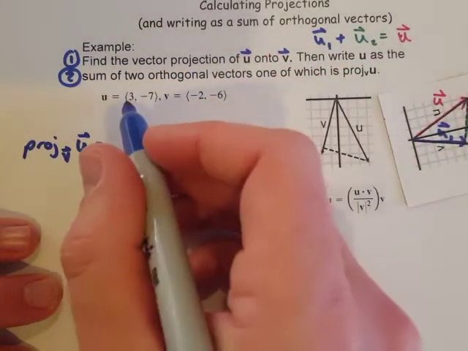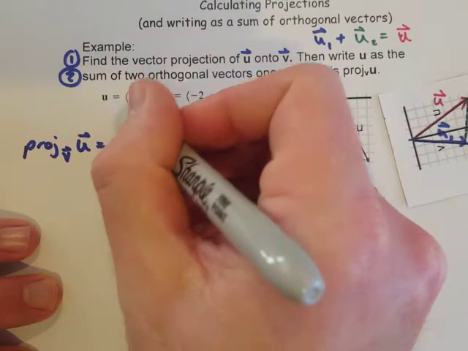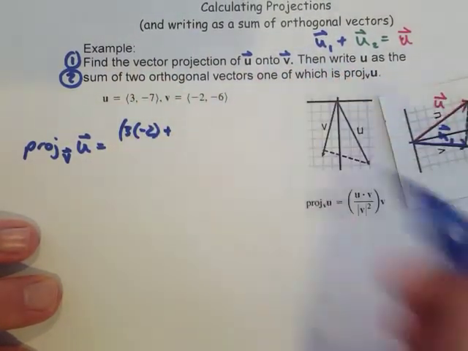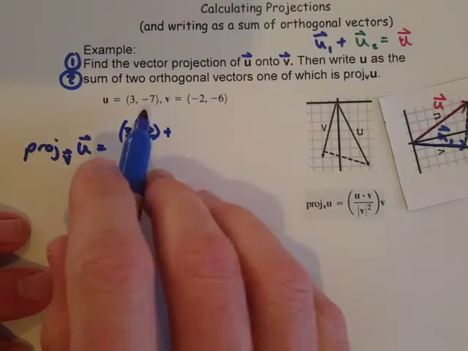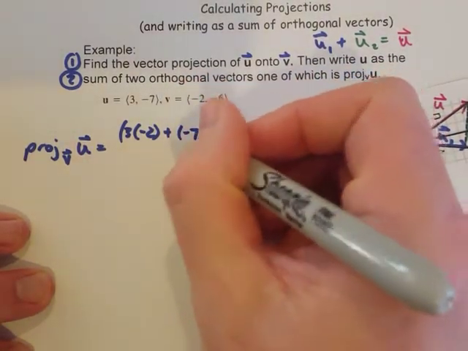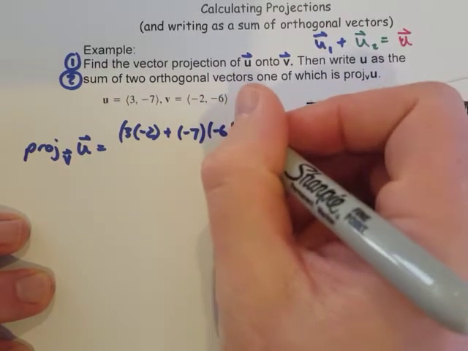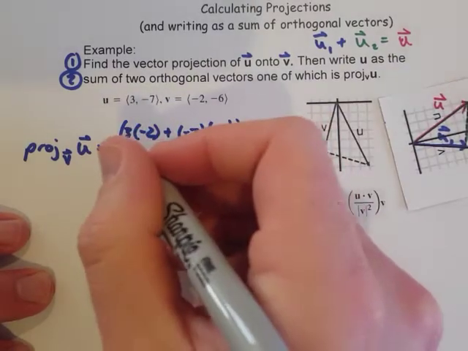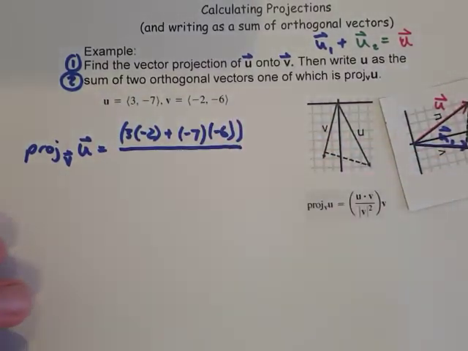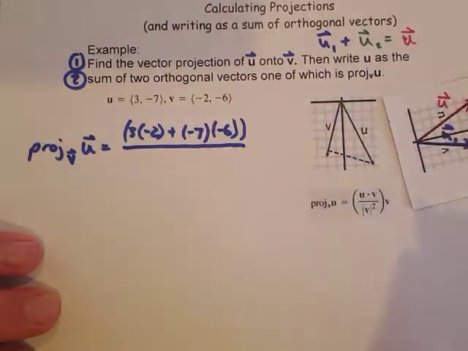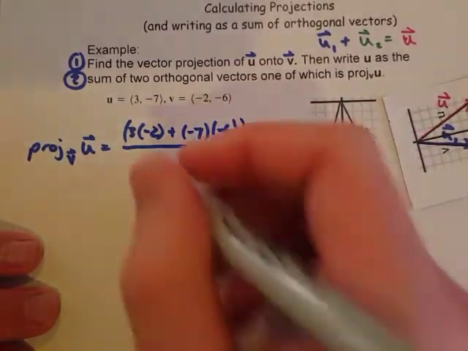So that means 3 times negative 2 plus, then we have negative 7 times negative 6. So all of that's on the top of the fraction. On the bottom, we're going to have the magnitude of v, the one that we're projecting onto. We're going to have the magnitude of this squared.